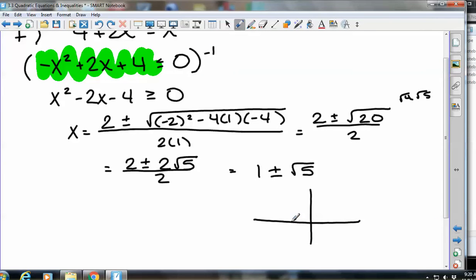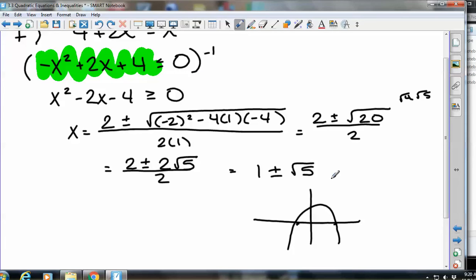Upside down. And those are approximations because when we write our interval, we're going to have to use the exact, the 1 plus or minus radical 5.